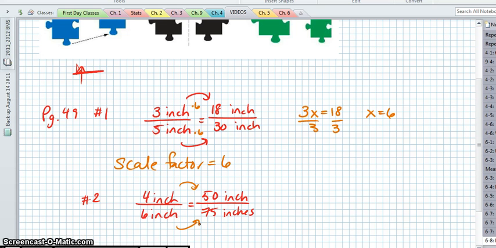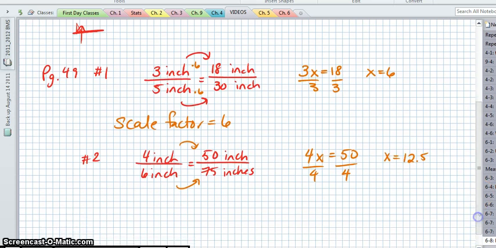It doesn't really matter which one you want to take a look at because the scale factor will be the same for both. So we could say 4x equals 50, and we can go ahead and solve for x, and we will get 12.5. I'm just choosing x arbitrarily. Okay. So in this case, the scale factor is equal to 12.5. So the blanket is going to be 12.5 times bigger than the photo itself.